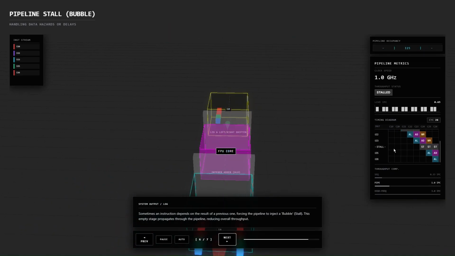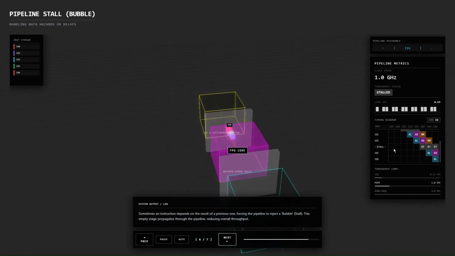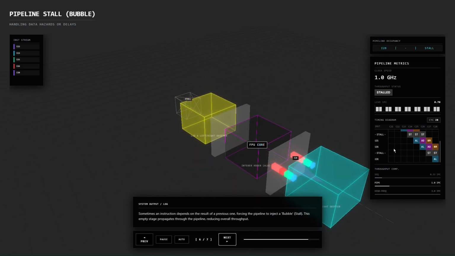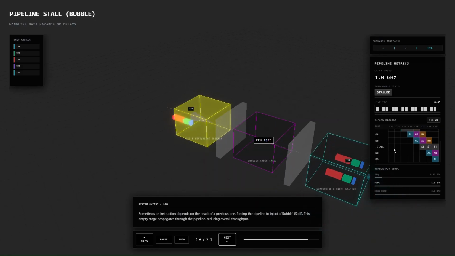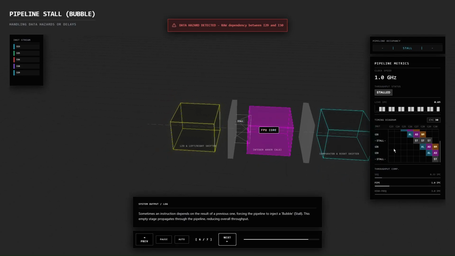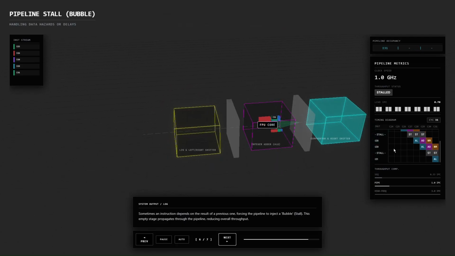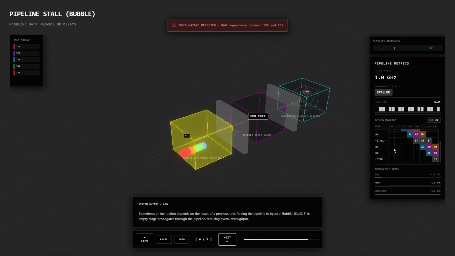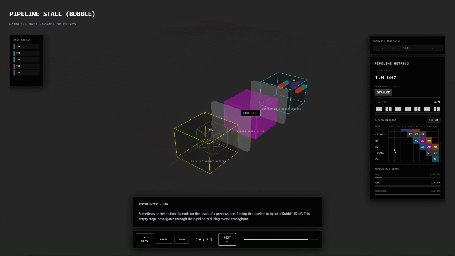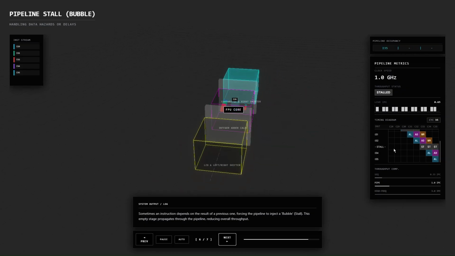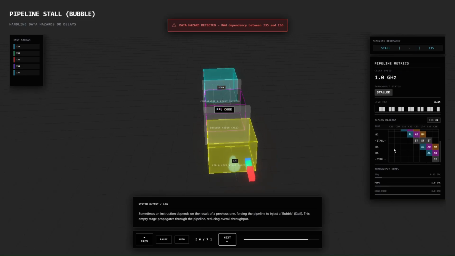Modern CPUs solve it with techniques like forwarding, where the result is routed directly from one stage to the next without waiting to be written back to a register, and out of order execution, which reorders instructions to keep the pipeline full. But for now, we just want to see what happens when the pipeline is clean and running at full tilt. Let us push the clock.